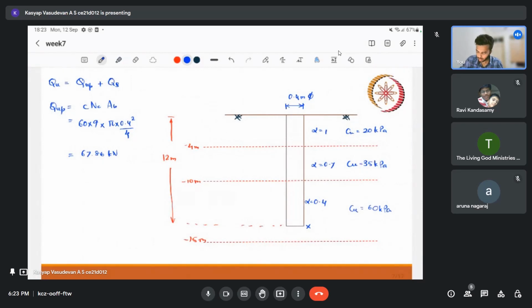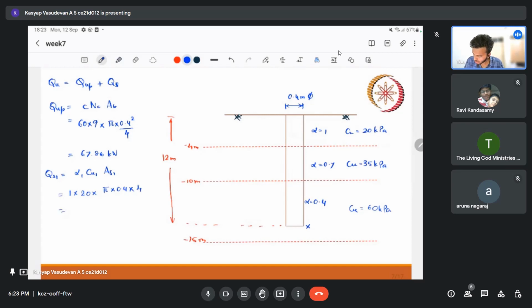Let me call the first layer Qs1. For the first layer we have alpha 1, Cu1, and As1. Alpha 1 is nothing but 1, Cu1 is 20, and As1 is pi times 0.4 times the length of that layer, which is 4.